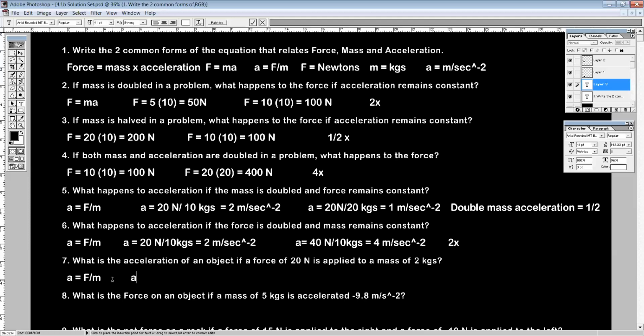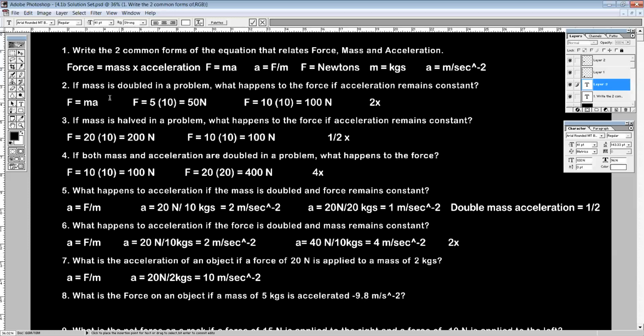And so acceleration is equal to 20 newtons, and our mass is 2 kilos. When we divide that, we have an acceleration of 10 meters per second squared. All right, so that's just a straightforward calculation.